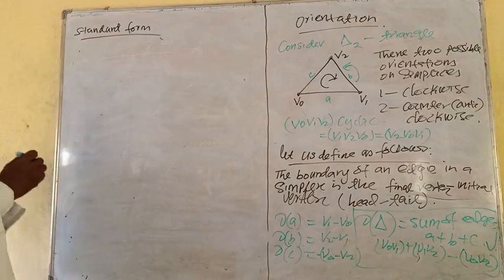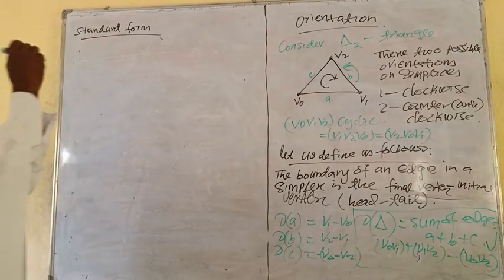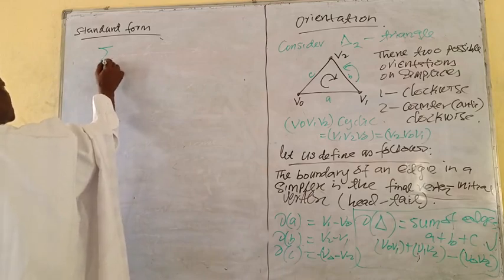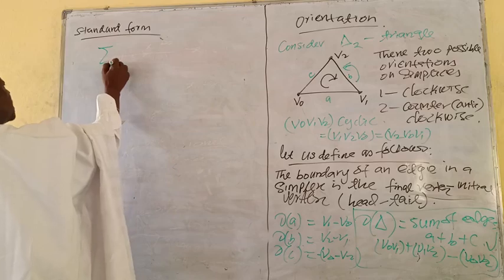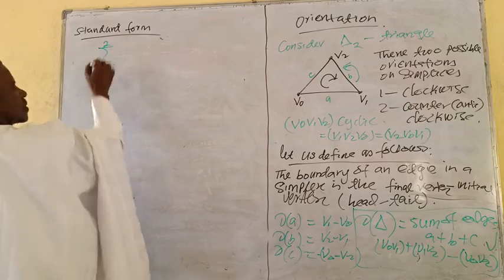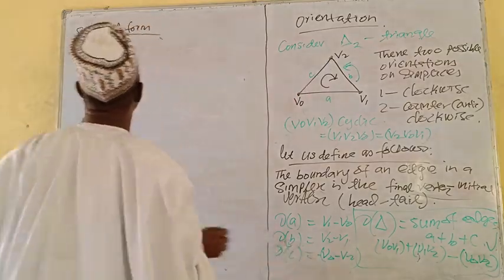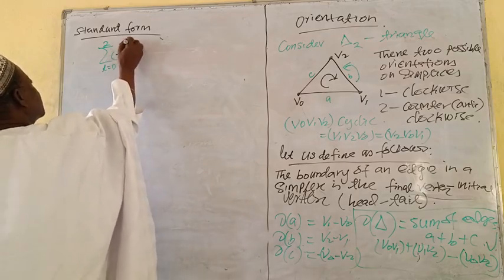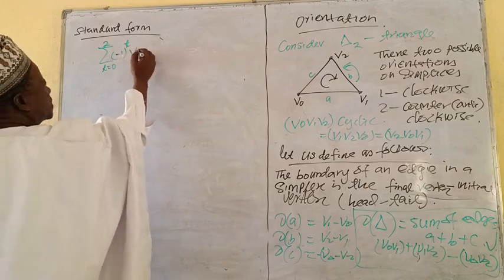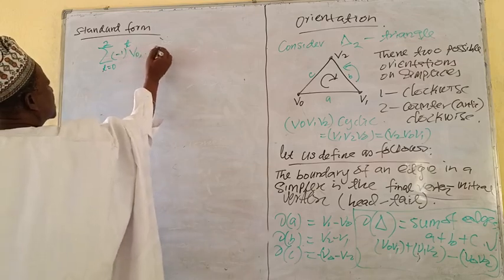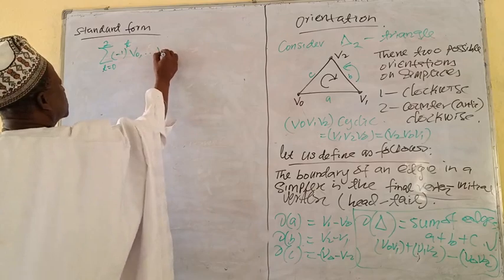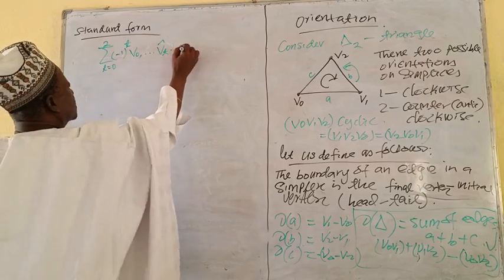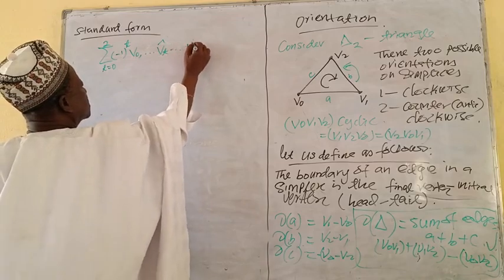That formula is the sum over t from 0 to 2, because the highest vertex you have is 2, of minus 1 raised to power t, then you put B0 out to Bt, now you put a hat, then out to B2.